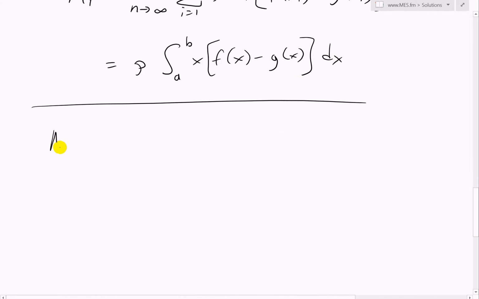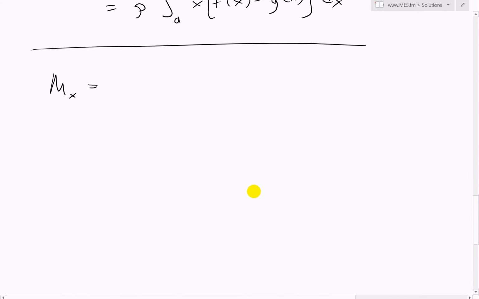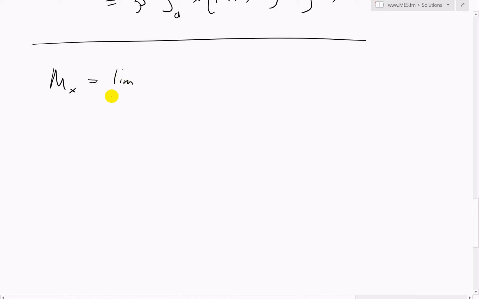And now let's get the moment about the x-axis. So this equals, again, it's going to be the same idea. You take the limit as n approaches infinity of the sum from i equals 1 up to n of M_x of the region R_i, and we sum up to an infinite number of regions.